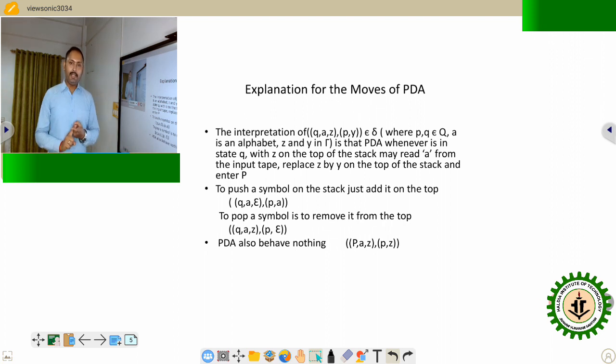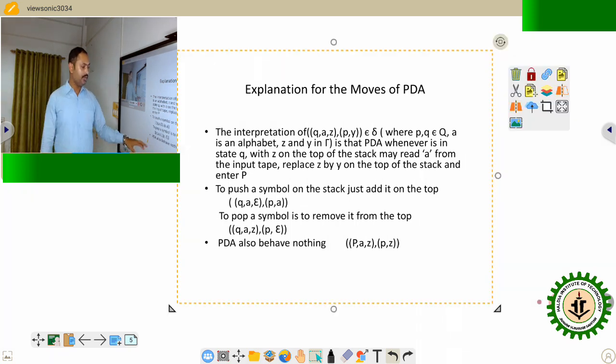Number 1: it can replace the top of the stack by the newly scanned symbol. Number 2: it can delete the inputted symbol from the top of the stack. Number 3: it can add the inputted symbol onto the top of the stack. And the last one: it can do nothing.